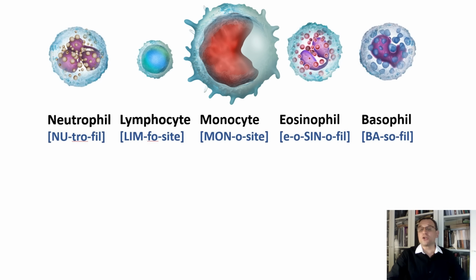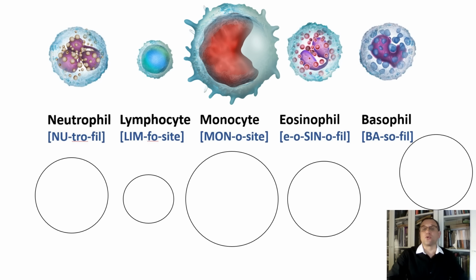I bet in your biology course you were already required to look at a number of specimens and make diagrams. And those that you completed correctly, you remember better than those that you didn't. Now we will diagram together each type of leukocyte. I believe all of you can draw a circle.